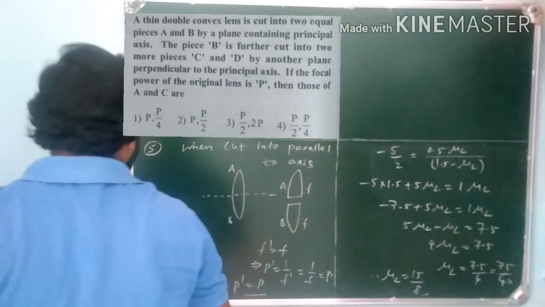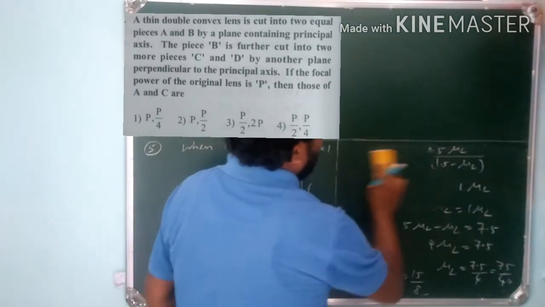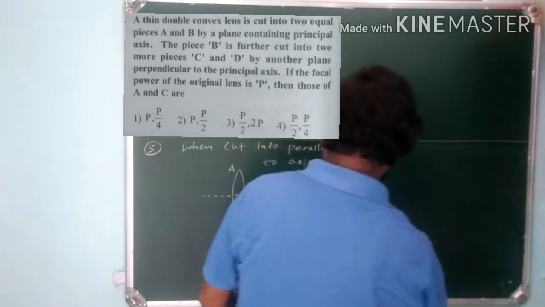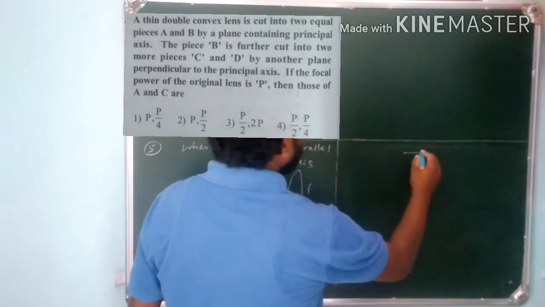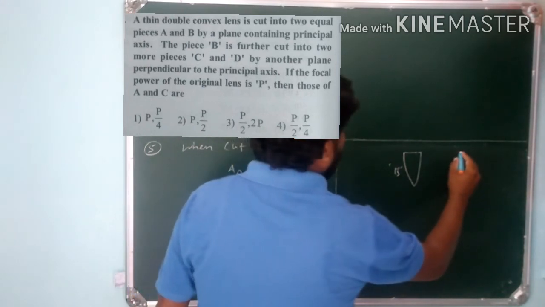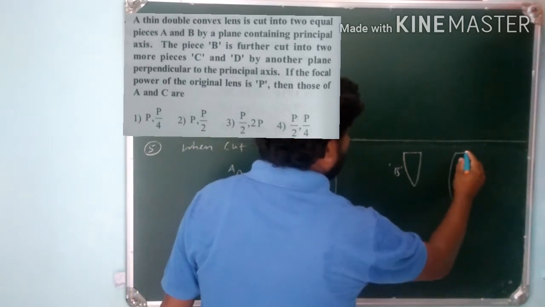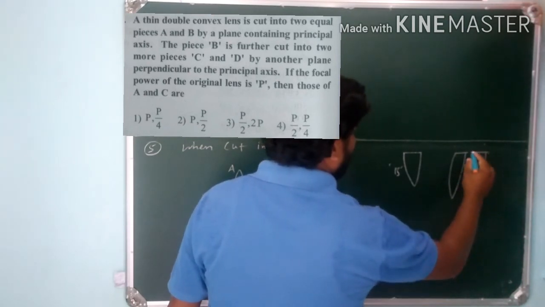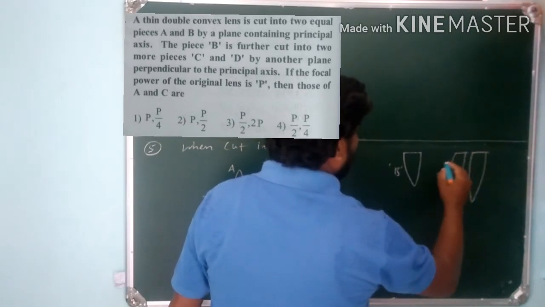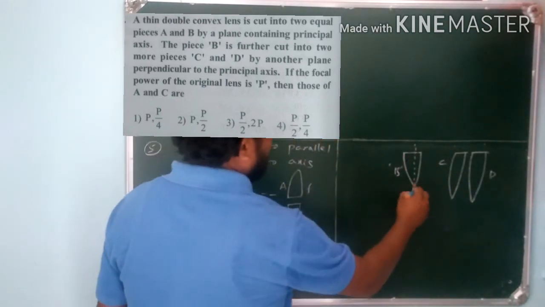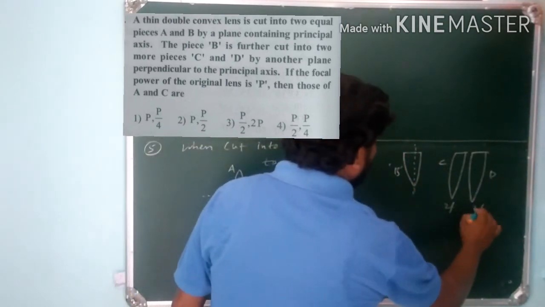In the second case, the lens B is further cut into C and D, two more lenses. Here B is again cut like this into two more lenses C and D. And it is cut perpendicular like this. Each focal length becomes 2F.